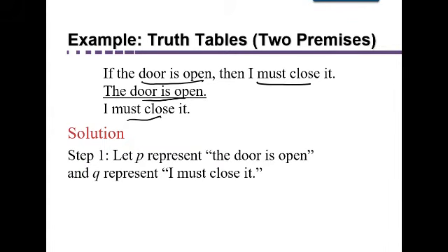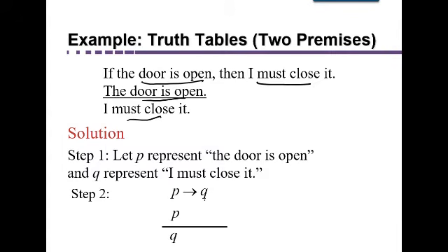Then we're going to actually write the argument in symbols. So we have if the door is open, if P, then I must close it, then Q. That's P arrow Q. And then we have the second premise, the door is open.